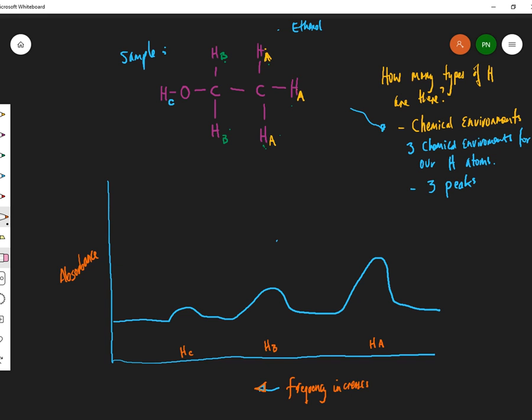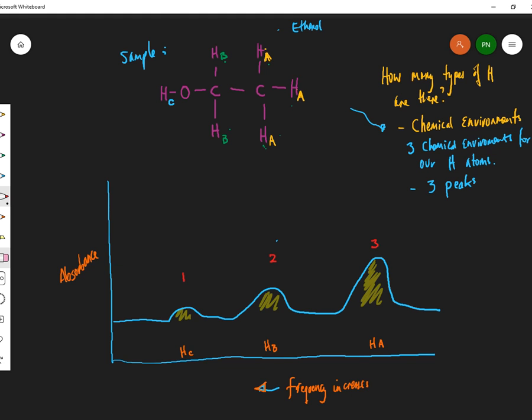Now, I'm not going to do this, but if we were to work out the area of this one to the area of this one to the area of this one, the ratios would be 3 to 2 to 1. And why is that? Very simply because there are 3 hydrogen As, so they're going to absorb at a ratio of 3. There are 2 hydrogen Bs, so they're going to absorb at a different ratio.